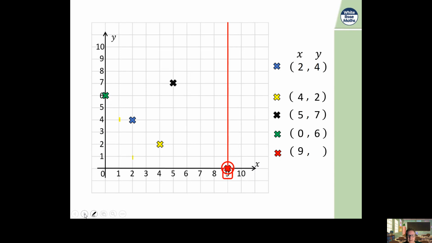There we go. 9, and yes, this time it is on the 0. So the 0 of the, that's right, the y-axis, because it's x and y.